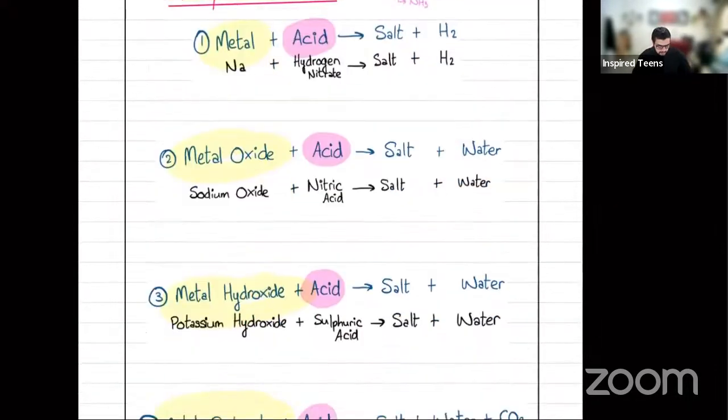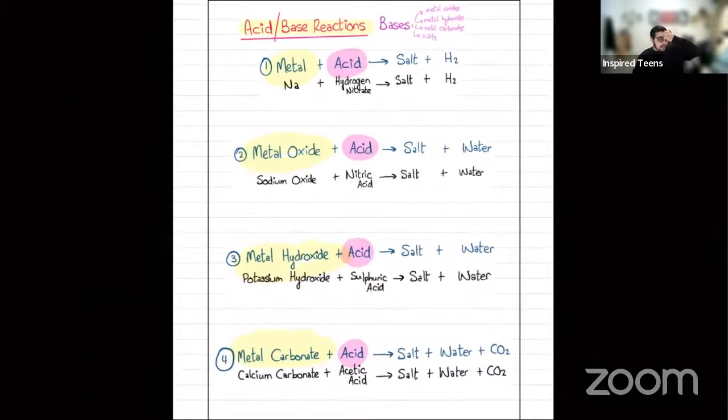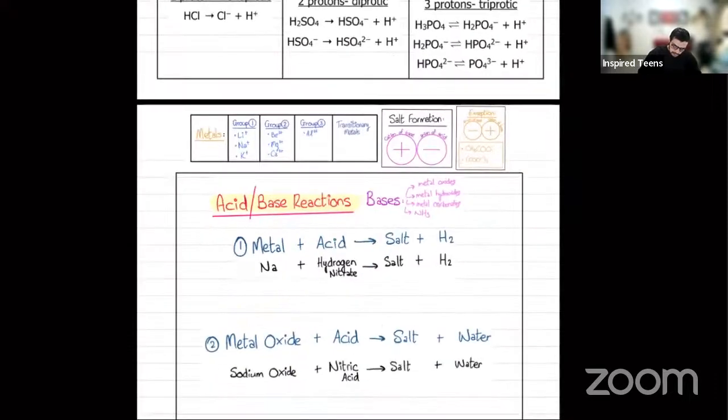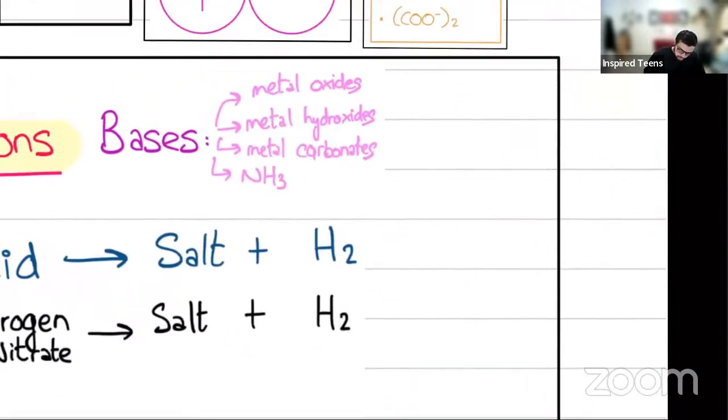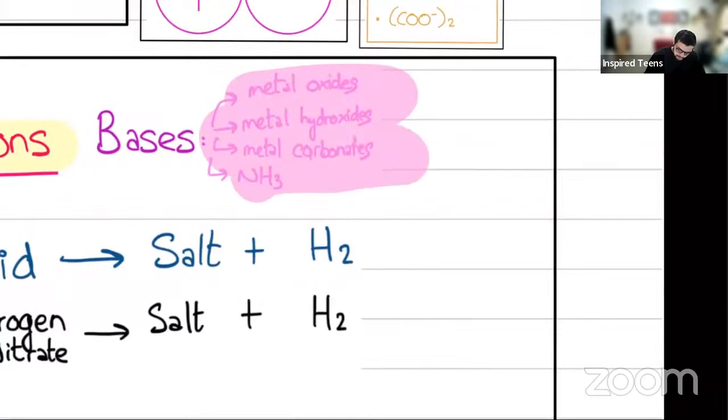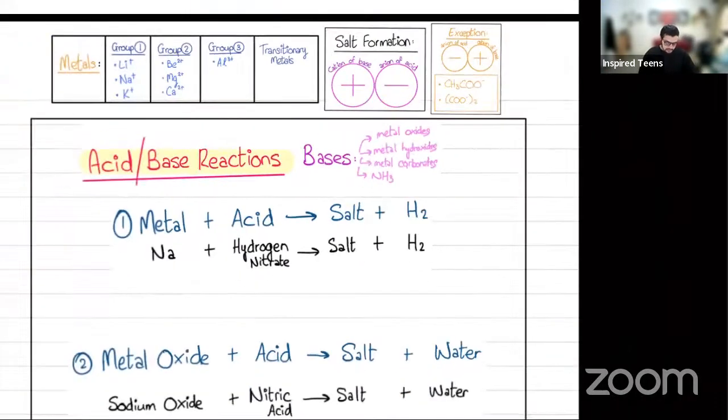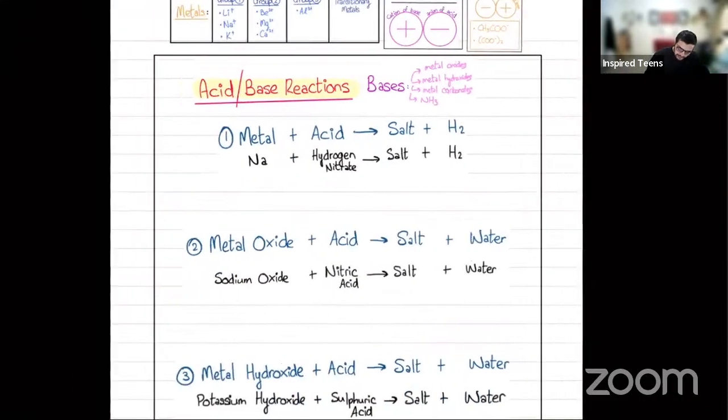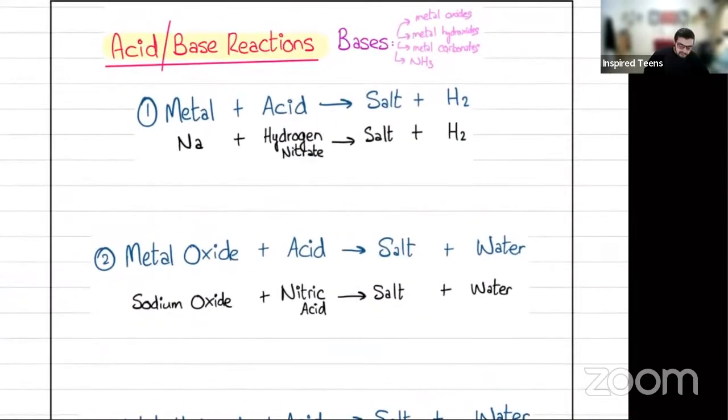So clearly, base and acid reacting with one another. It's even written on top: bases are your metal oxides, metal hydroxides, metal carbonates, NH3. Those are our bases, and we have an example for each. You need to have these memorized.